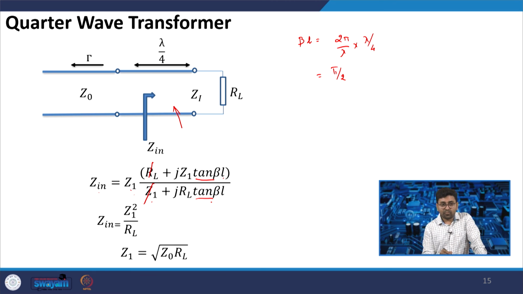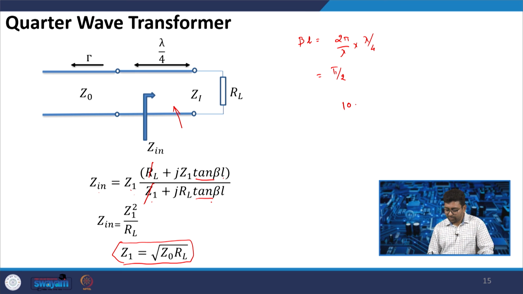So, what is the condition? The length of the transmission line should be lambda by 4, and we are interested in finding the impedance Z1, which is the square root of Z0 into RL. Let us say you want to match a 100 ohm RL, and your Z0 is around 50 ohm.